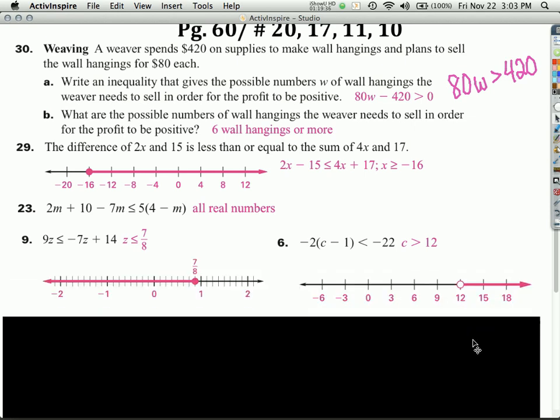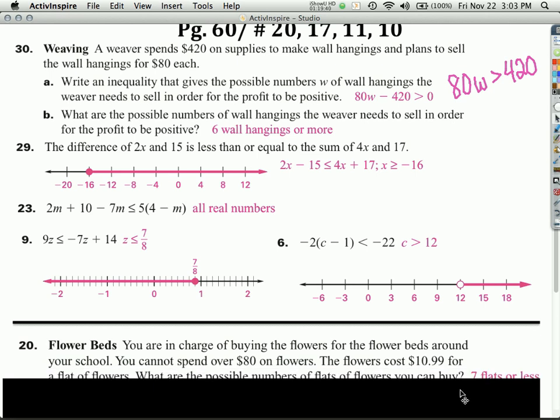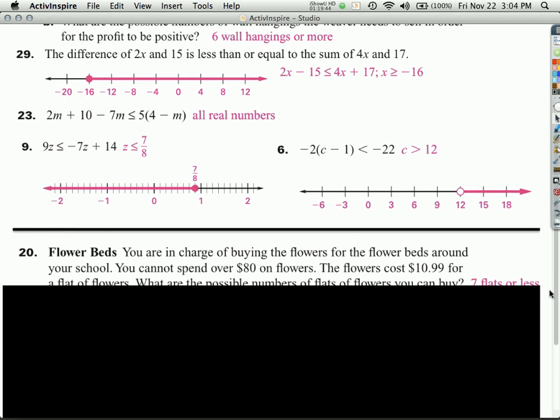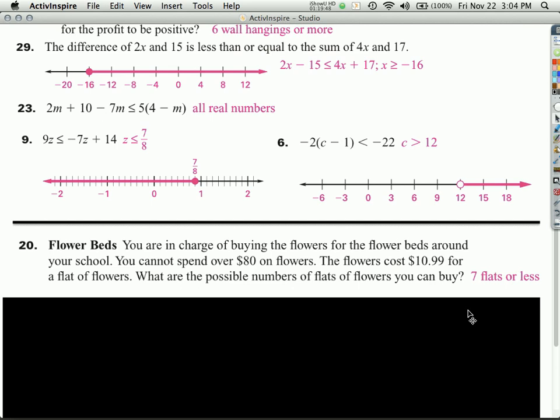On the next, oh, and there are the graphs, sorry. On the next page, number 20, 7 flats or less. And of course, if you wrote X is less than or equal to 7, that's what I'm looking for.